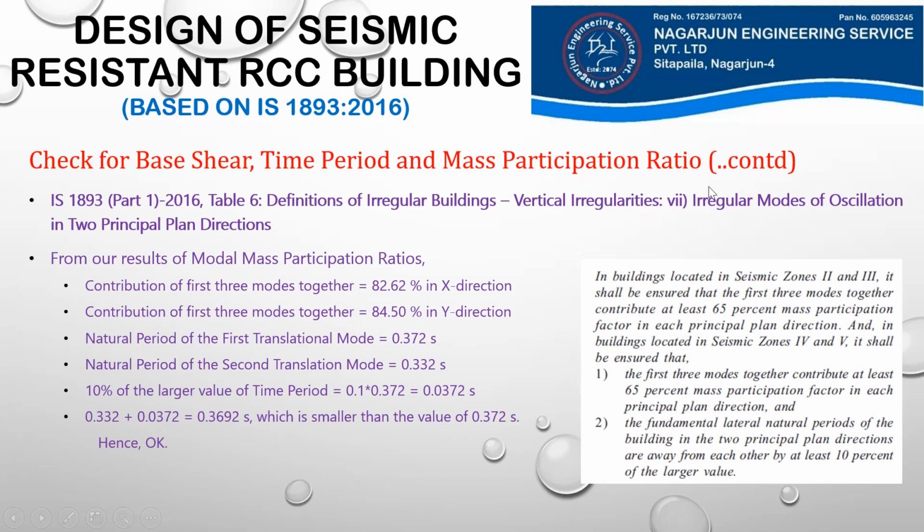That clause states that in buildings located in seismic zones 4 and 5, it shall be ensured that the first three modes together contribute at least 65% mass participation factor in each principal plan direction. This is to ensure that our structure does not have any vertical irregularities. That means the summation of mass participation factor in the first three modes should at least be equal to 65%.